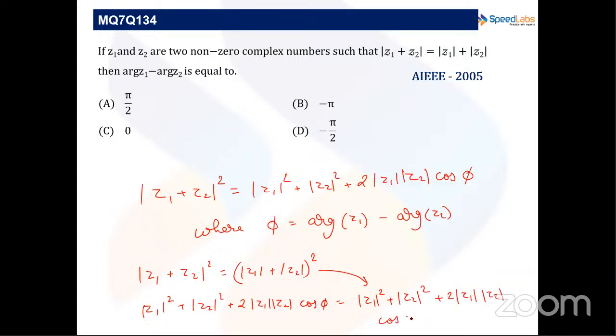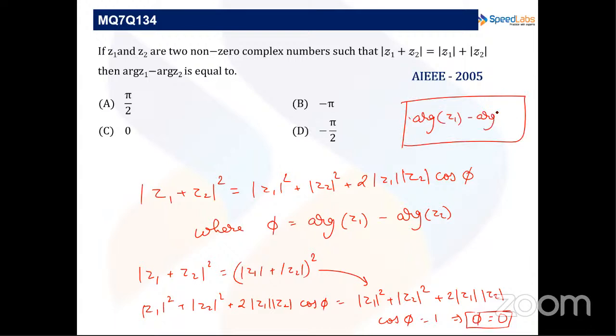On comparing, we are getting cos phi equals to 1. So this implies that phi is equals to 0. Since phi is 0, and phi is our argument of Z1 minus argument of Z2, this comes out to be 0. So our correct option is answer C.